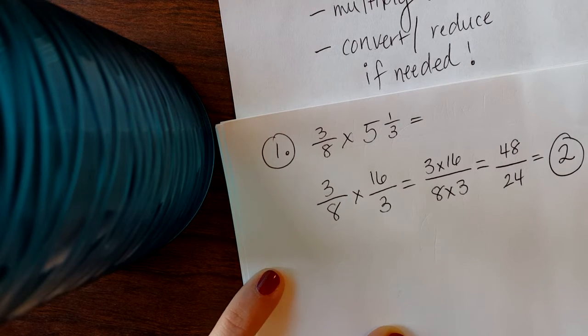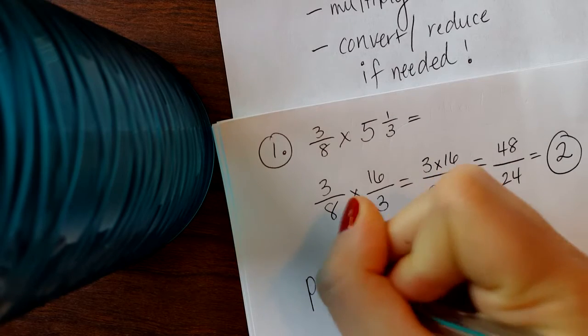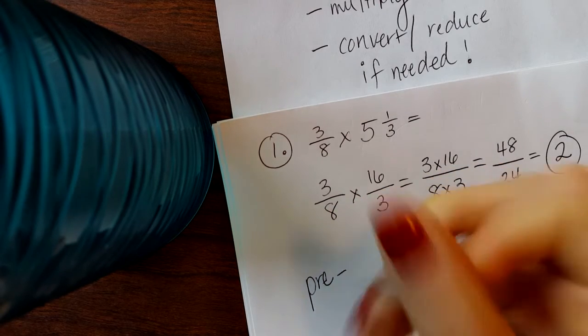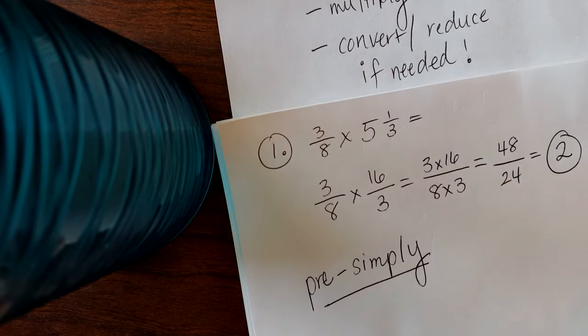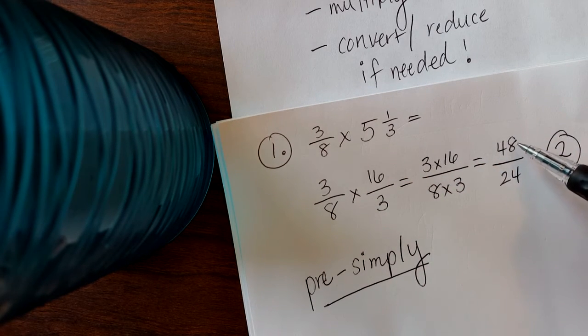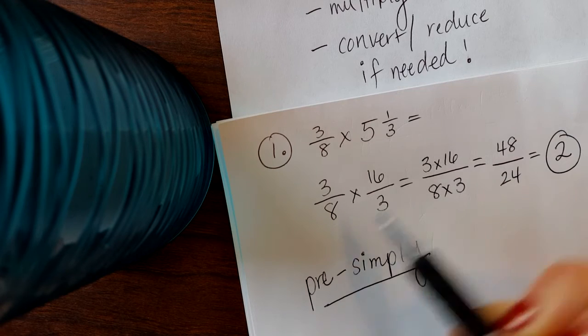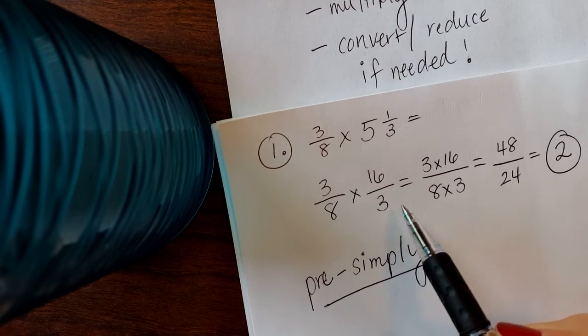One thing I want to show you that we could have done before we multiplied across is this thing called pre-simplifying, which means instead of over here having to reduce this to 2 in the end, let's see if we could have found out that this answer was 2 before we even multiplied.